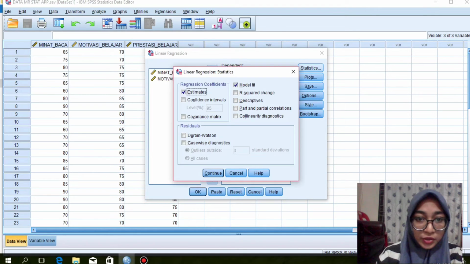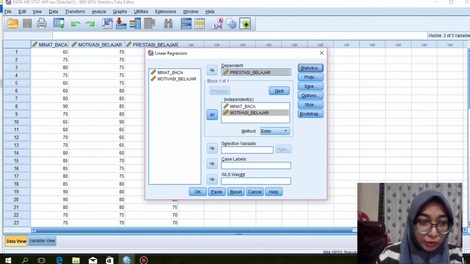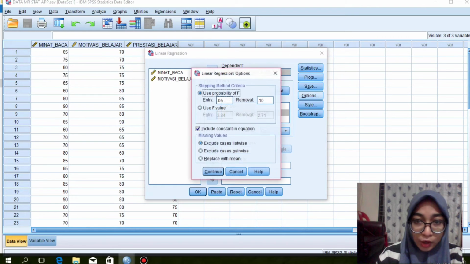For the regression coefficient, I choose estimates, and we can click on the model fit. For the residuals, I click case-wise diagnostic, and I choose all cases. Click continue. Next, click options.